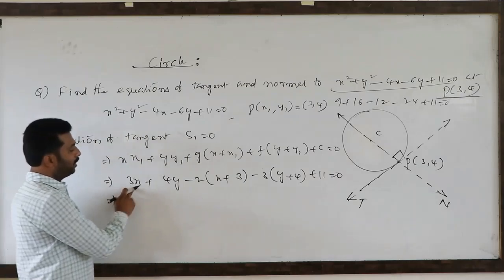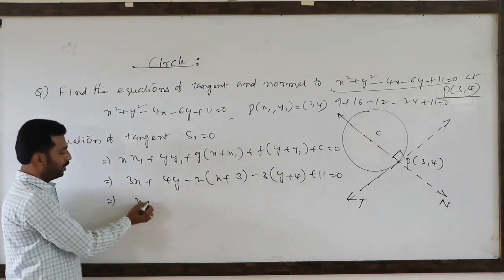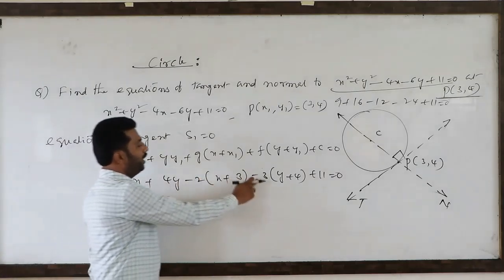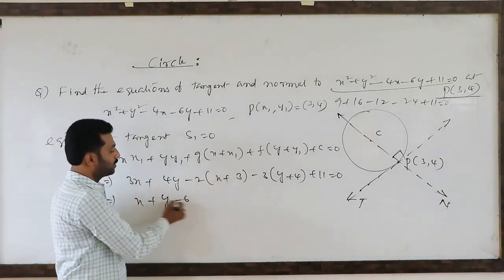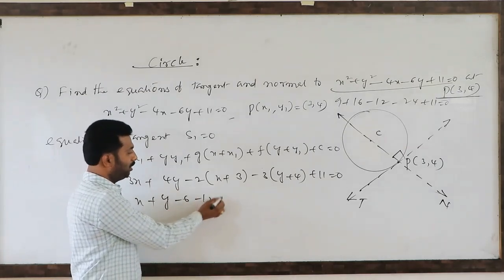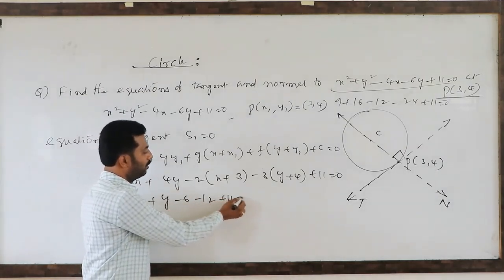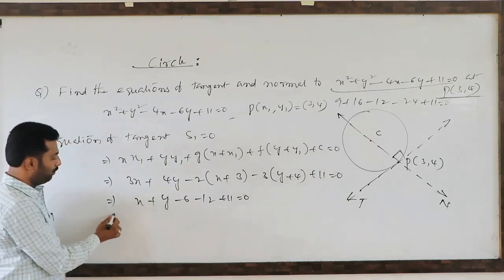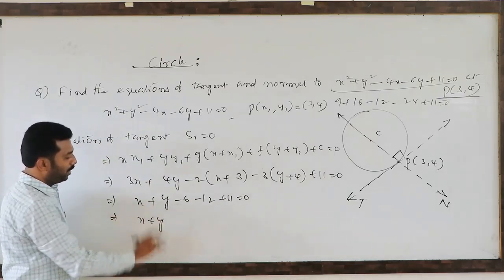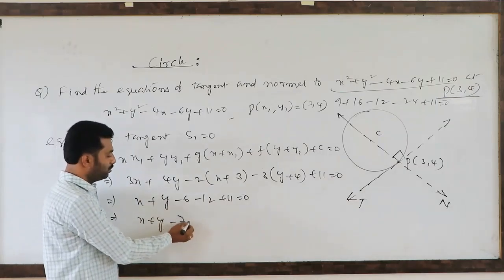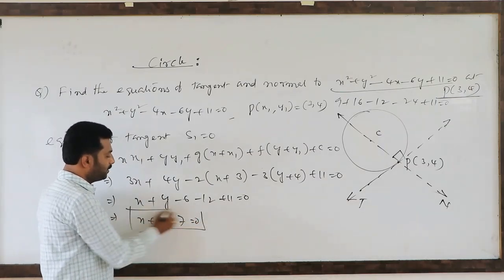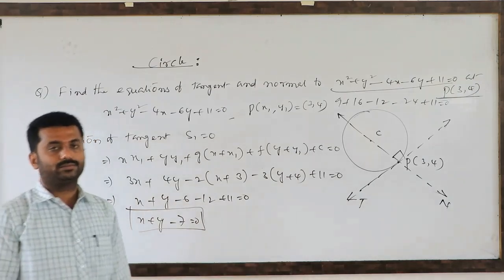You tell me. 3x minus 2x is x. 4y minus 3y is y. This is minus 6, minus 12 plus 11 equal to 0. So finally x plus y minus 7 equal to 0. So this is the equation of the tangent.